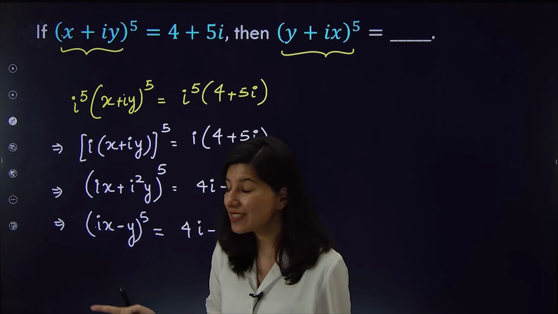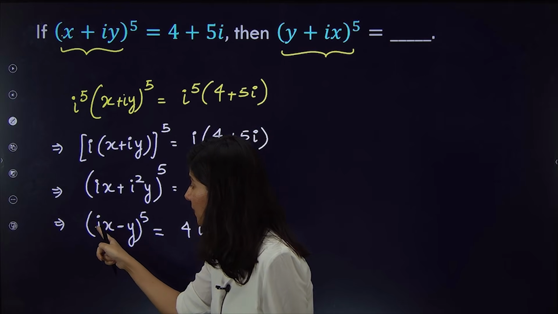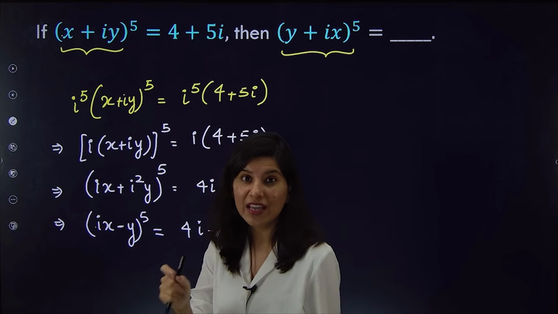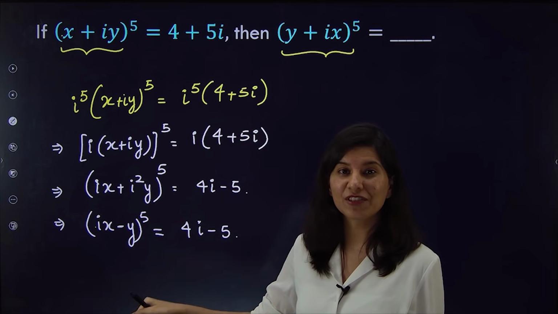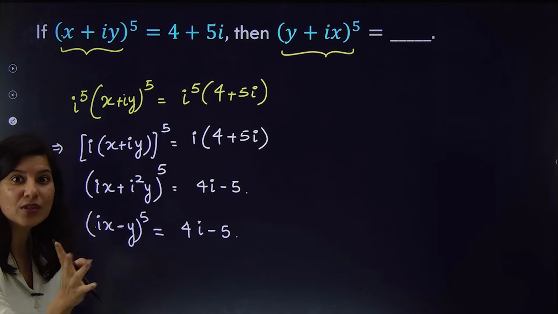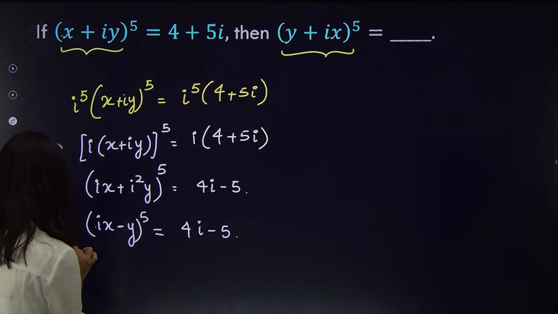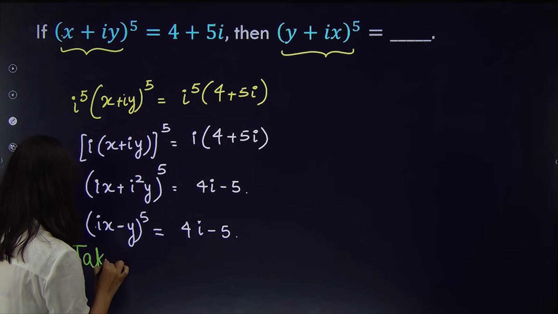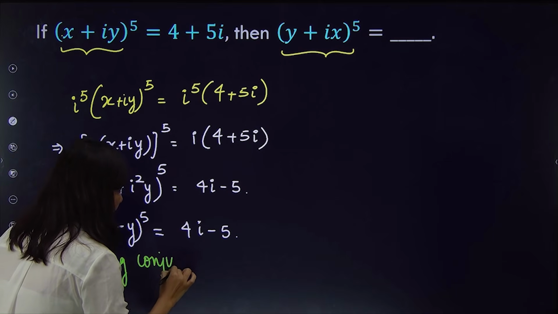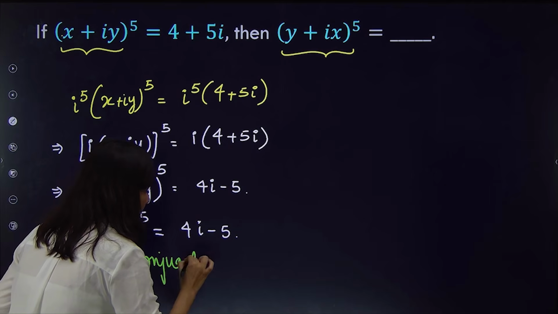Why am I saying this? Because obtaining a minus sign is much easier, as we have a concept called conjugate which we have just learned. Taking conjugate both sides.